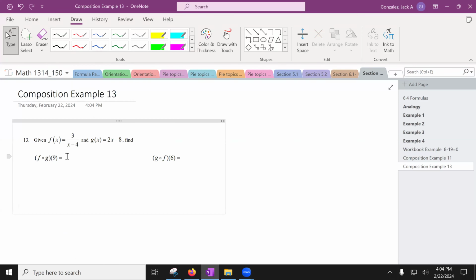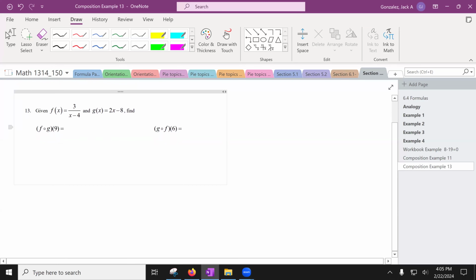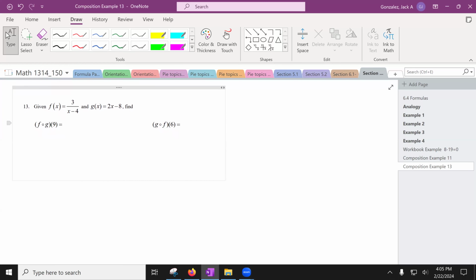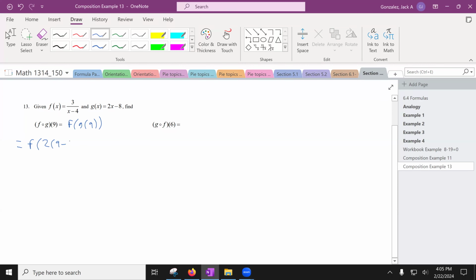Here it's the same deal, but you're plugging in another. The difference. Remember the formula, right? We said this means f of g. Let's have an x, I have 9. So plug 9 into g and see what the result is.